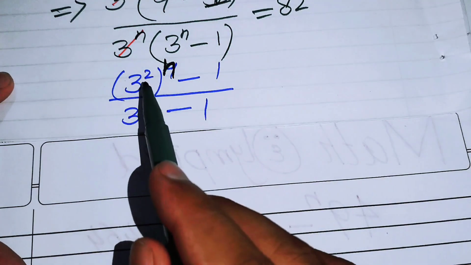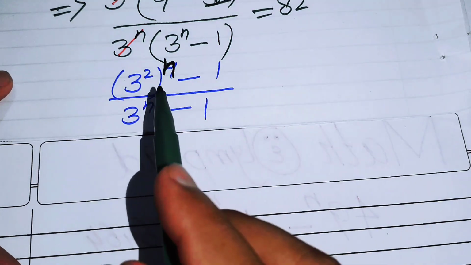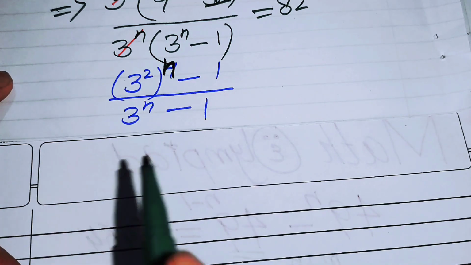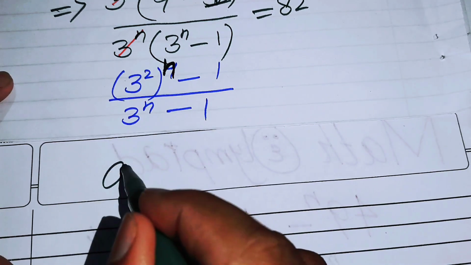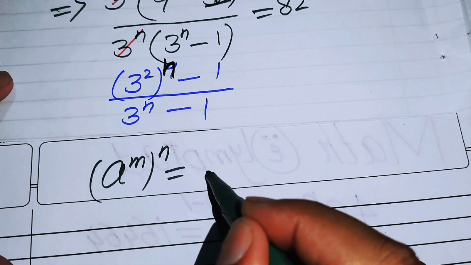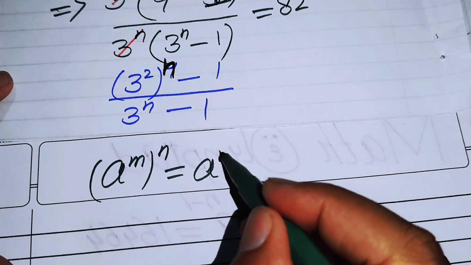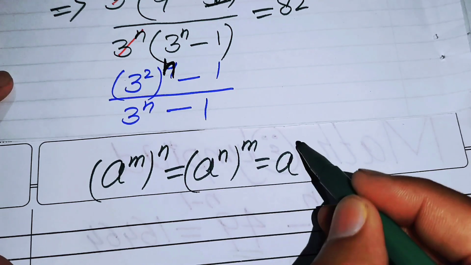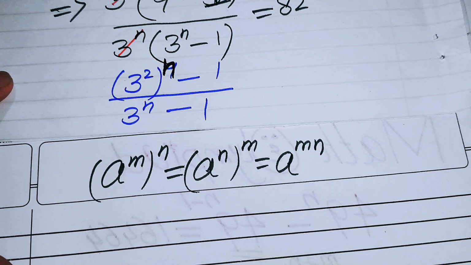And now you can again apply the nice exponential law here, and you know that if we have a to the power of m and its power n, it is equal to a to the power of n to the power of m, which is equal to a to the power of m times n.